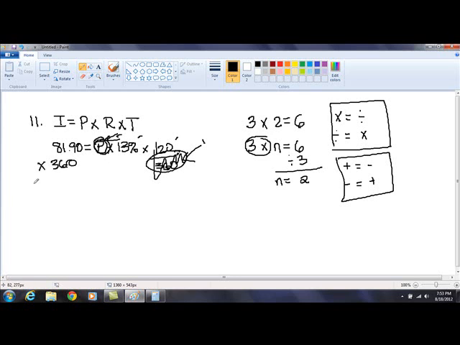Now 120 is being multiplied, so to bring it across, I will divide. Now 13% is currently being multiplied, so to bring it across, I will divide. Now I've got everything on this side except for P, leaving P alone. That means when I solve this equation, that will give me the results of P.